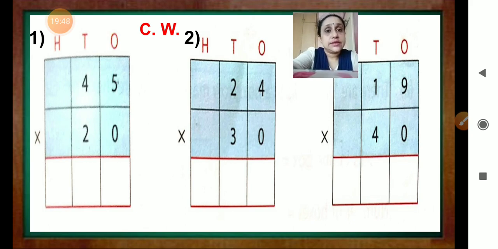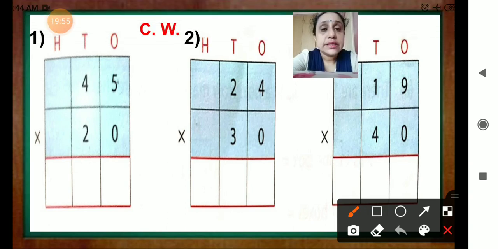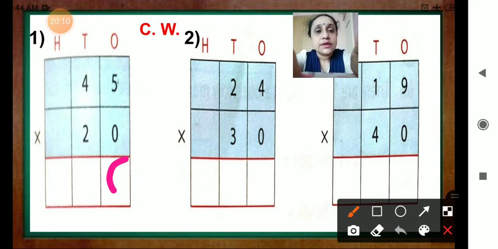Now the first one. 45 multiplied by 2, sorry, 45 multiplied by 20. Okay. So remember, at the end you have to put the zeros. So how we will do it? So 45 multiplied by 20, 1 0 is there. So you can write 0 here. Now what we will do? You have to do 2 5s are.